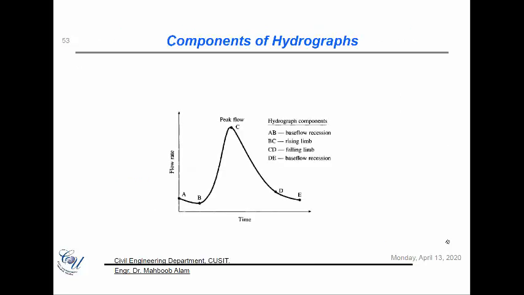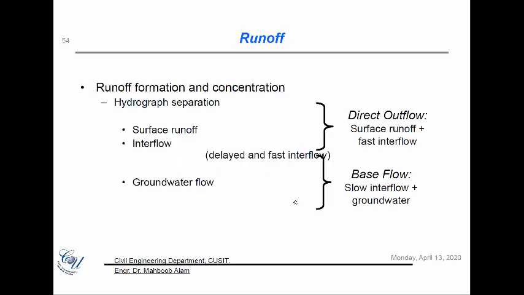We already went through the components of the hydrograph. We said we have an initially decreasing curve of water, the base flow recession, then we have a rising limb, a falling limb, and then again reaching back to the base flow.